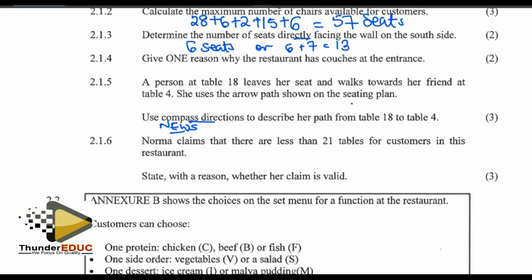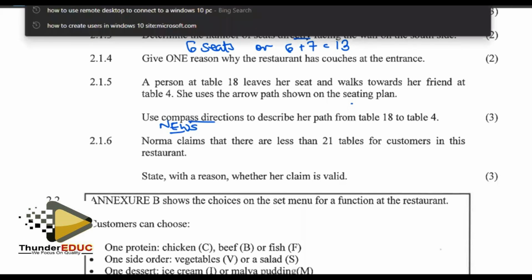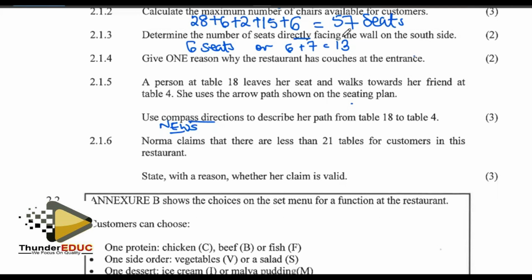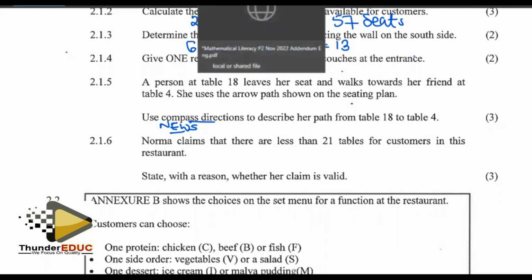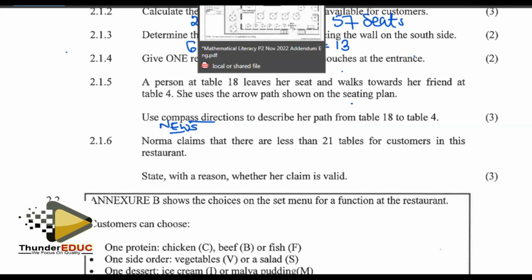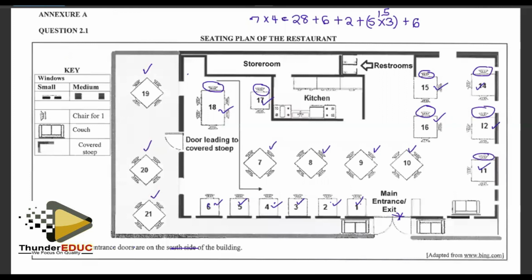Let's go and check on the annexure. All right, the person is at table 18 here.